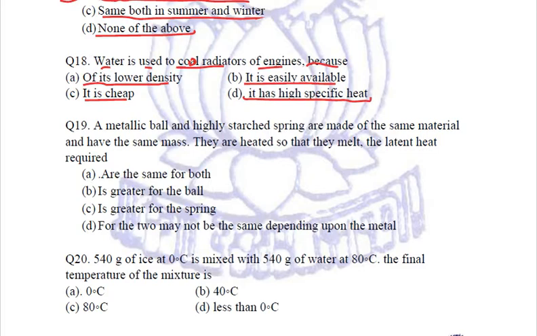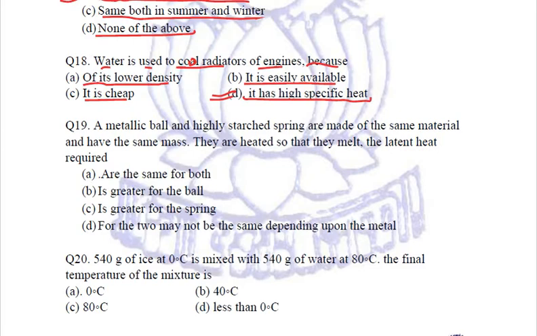Now the reason why water is used to cool radiators of engines is due to the fact that it has high specific heat. So D is the right answer. Clear? Let's see the next question.